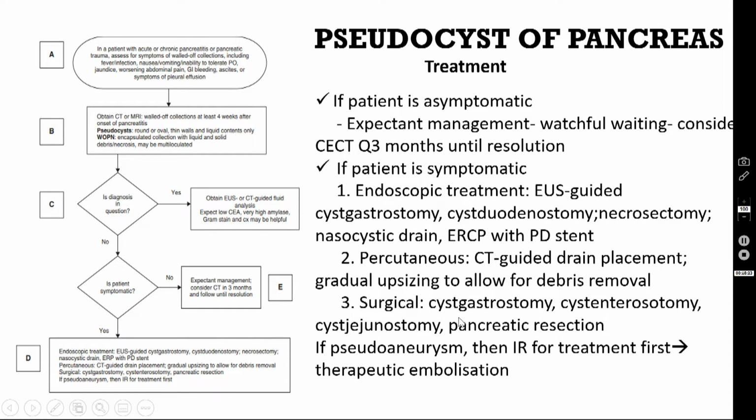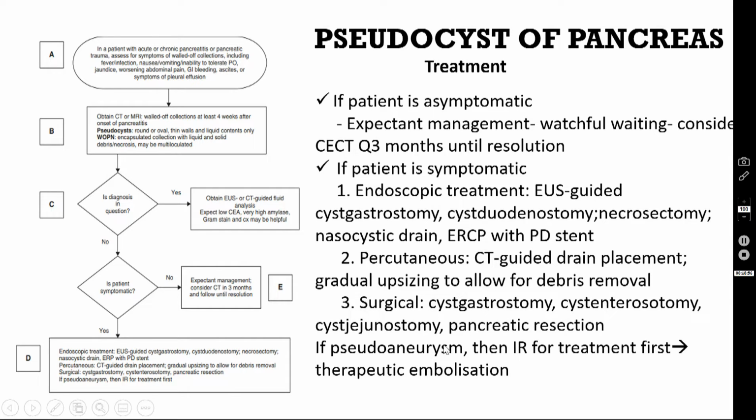This is called cystogastrostomy. Suppose the cyst is in the head of the pancreas near the duodenum, then you can do what is called cystoduodenostomy. Suppose the cyst is near the tail of the pancreas, then you can do cystojejunostomy. Depending on where the cyst is located, you can do either cystogastrostomy, cystoduodenostomy, or cystojejunostomy.